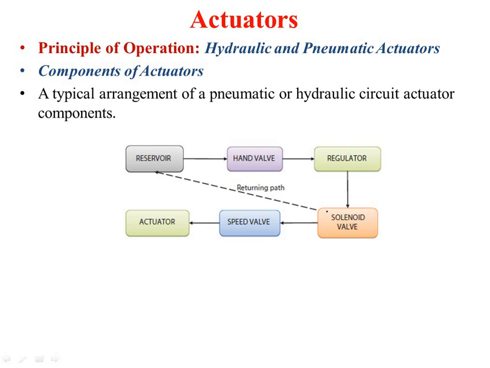From the actuator, the return path is there, which we have seen as the exit. That return path is through this solenoid only. When the solenoid opens and closes those exit paths, it returns the fluid to the reservoir.